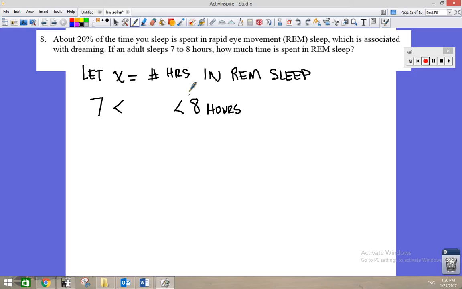Well, it's telling us 20% of the time. Remember that a percent is part of a total.